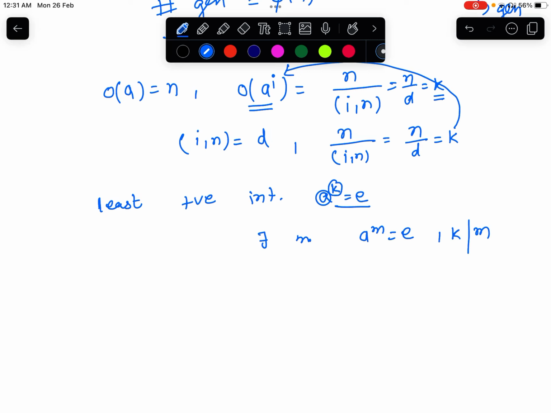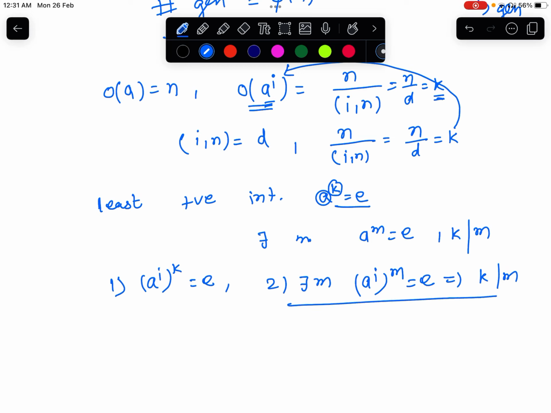So these two things we need to prove. To prove that k is the order of a^I, we need to prove that a^I to the power k is equal to identity. And second, we need to prove that if there exists an m such that a^I to the power m is equal to identity, then k divides m. Let us prove this first. a^I to the power k is equal to a to the power ik. And what is this k? a to the power I into n by d.